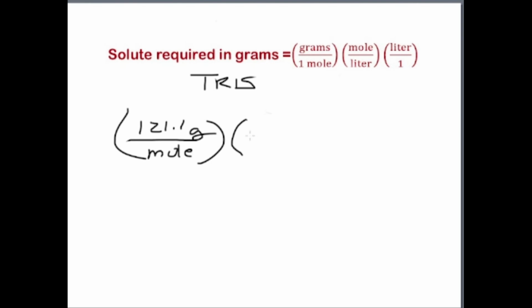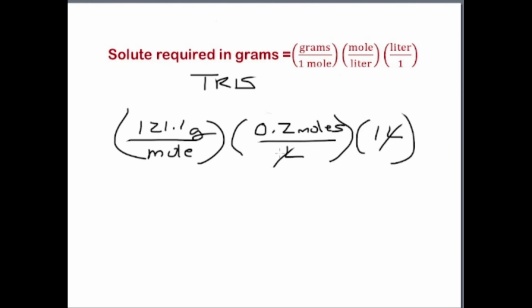Now the molarity that we want, which was in our recipe, was 0.2 moles per liter. And we said we're going to make a liter. So our units are going to cancel. And if you do the arithmetic here, you'll wind up with 24.22 grams. So that's how much we're going to weigh out.